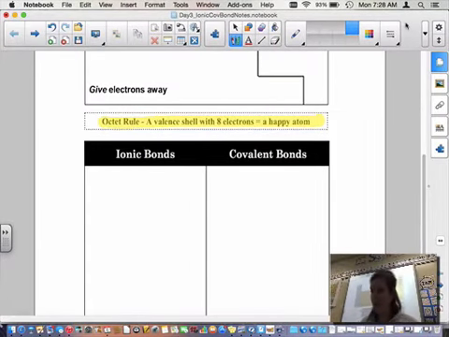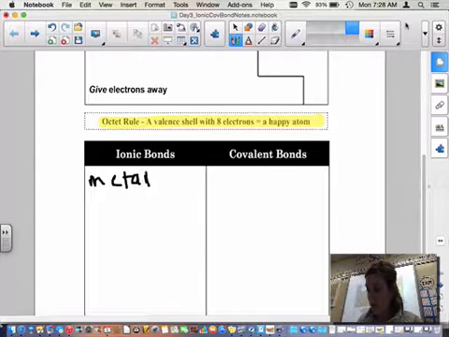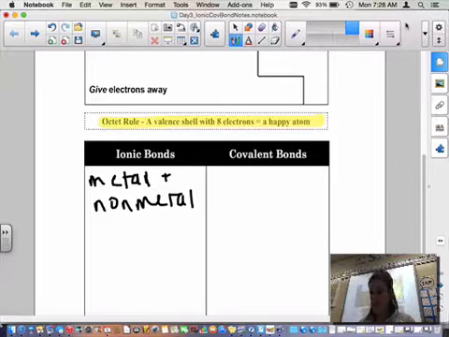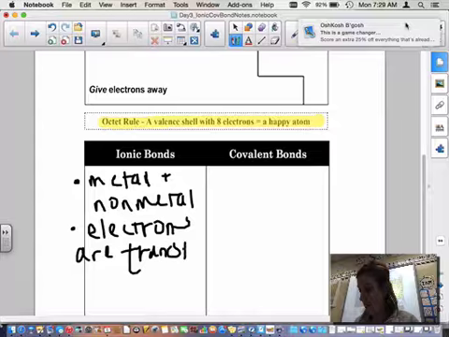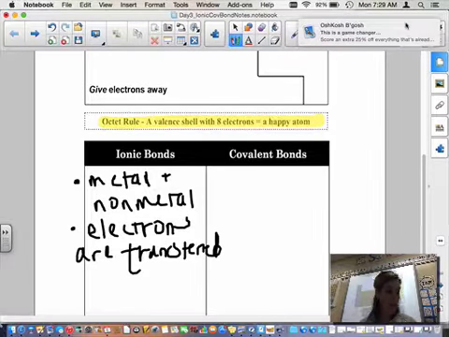Okay, this leads us into the two different types of bonds. We have an ionic bond. An ionic bond is usually a metal with a nonmetal. And with an ionic bond, the electrons are transferred. Once they start transferring electrons, they're losing or gaining electrons.